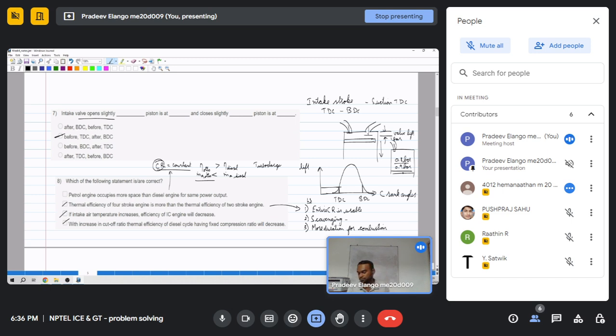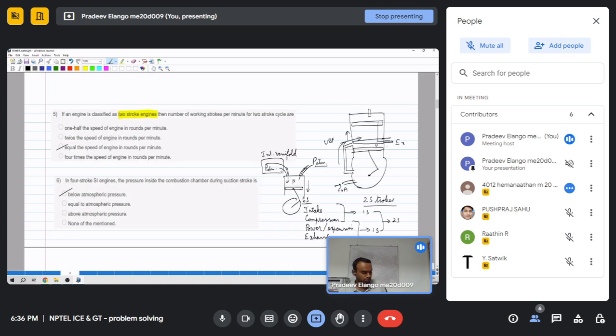If you take both two-stroke and four-stroke engines running at the same RPM, say 3000 RPM, for the two-stroke engine, after a certain point it will hit the exhaust port, and beyond that combustion is not possible because the pressure has gone down.